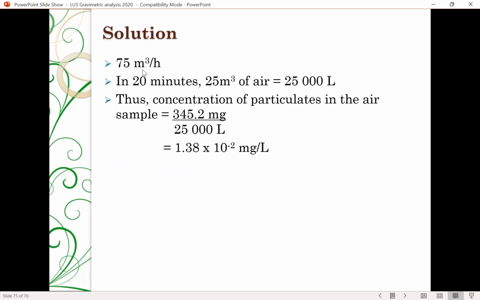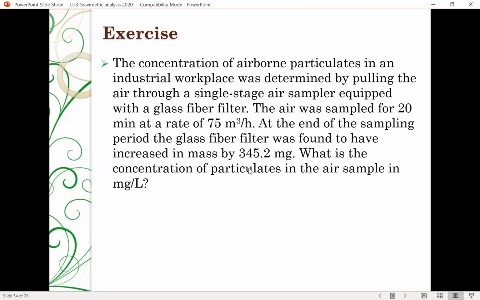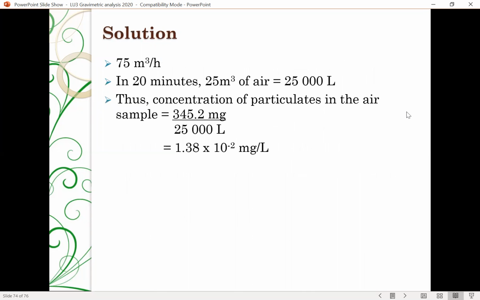You have the flow of your sampling, 75 meter cube per hour. So you can calculate how much sample you can collect in 20 minutes. Because in this question, it has mentioned that the air was sampled for 20 minutes. So you calculate in 20 minutes how much sample you will have, which is 25,000 liter.